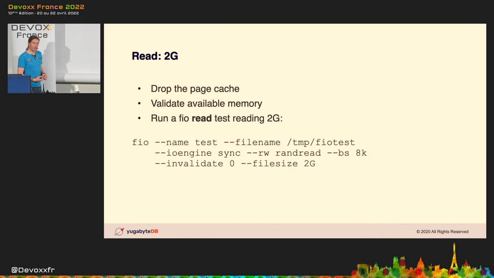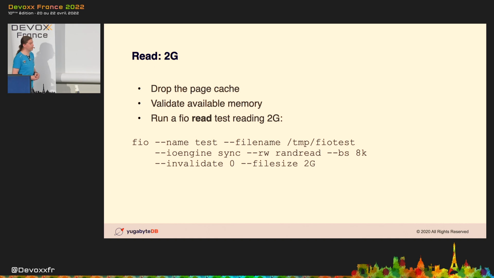It is quite hard to make FIO do exactly what you are seeing and make it do exactly that.